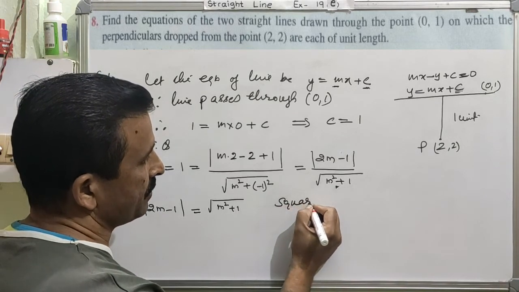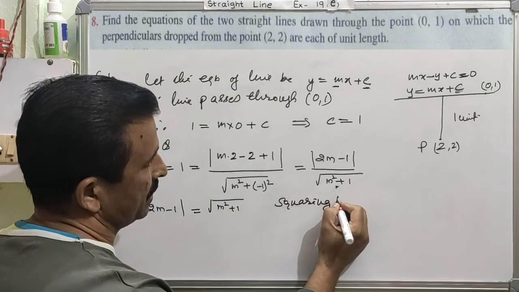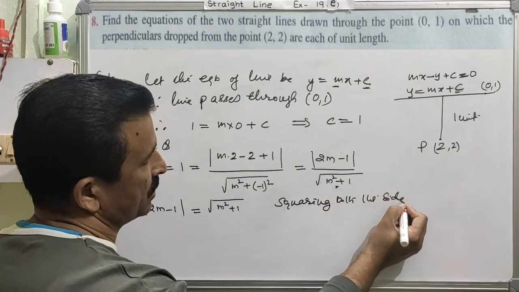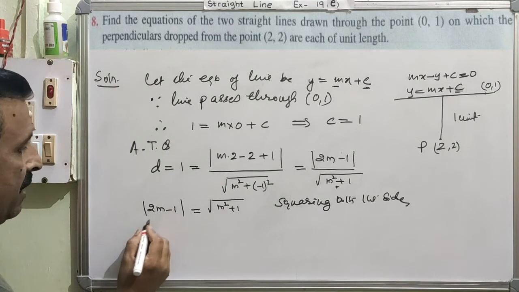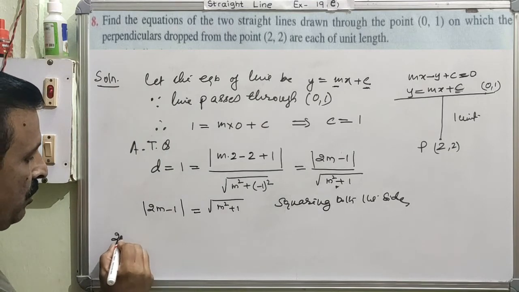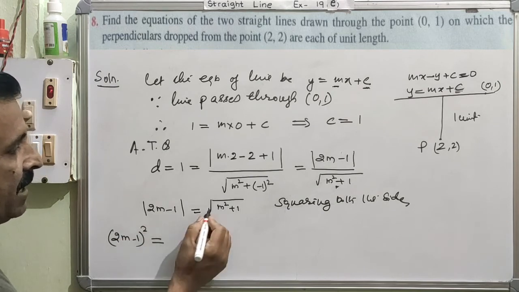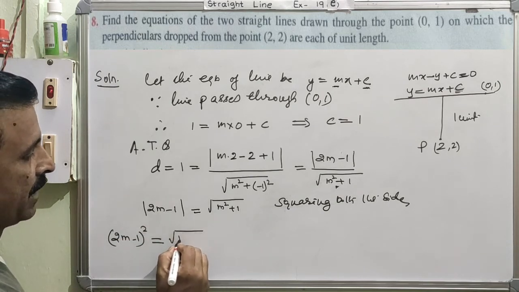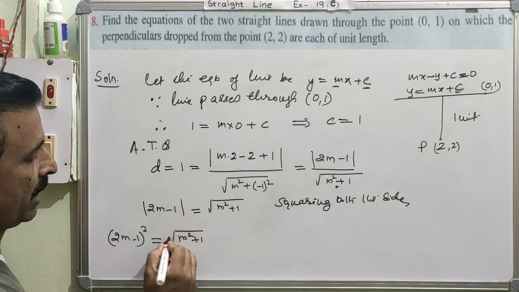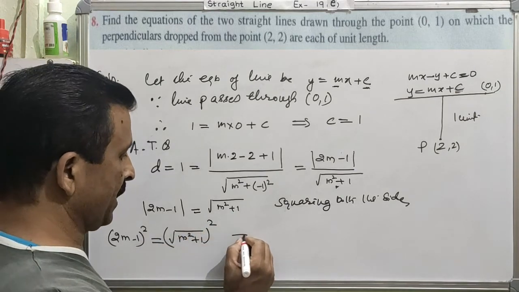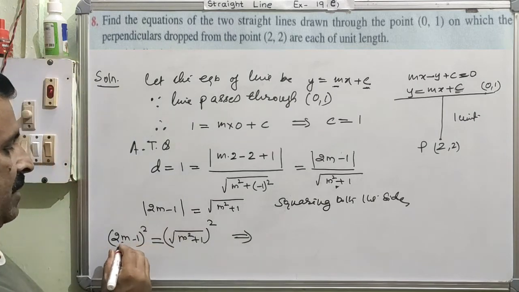Squaring both the sides. So when you square both the sides, what are you going to get? This will be squared, so (2m minus 1) square, and this side root over m square plus 1 and then square. This implies, next step, you can use the a minus b whole square expansion.